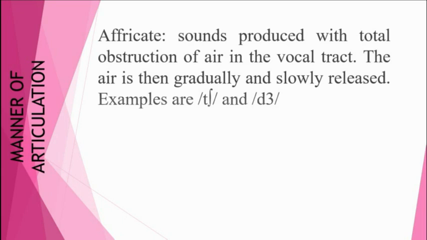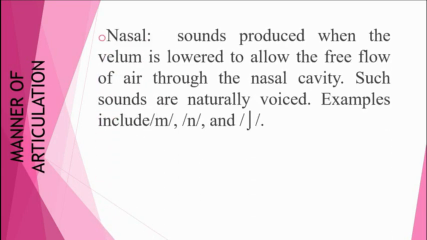The next one is the nasal sounds. Nasal sounds are produced when the velum is lowered to allow free flow of air through the nasal cavity. Now, I explained the other time that nasal sounds engage the velum, and how they engage the velum is that the velum would be lowered.